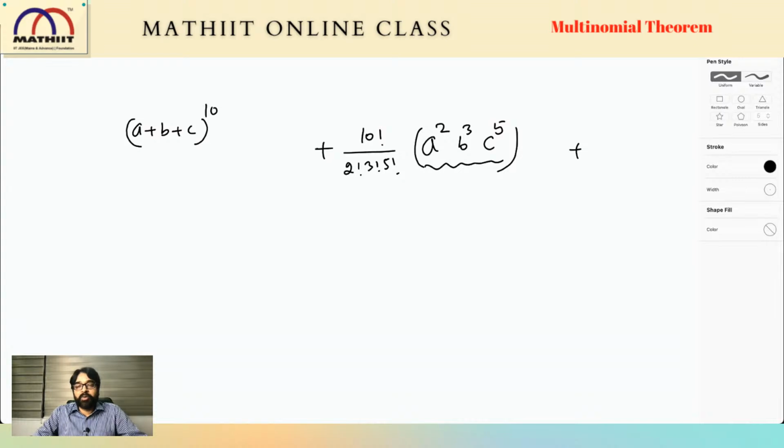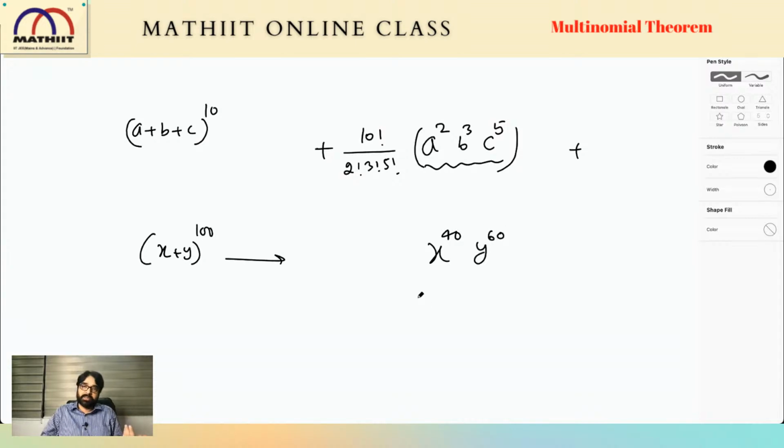If you want to know the coefficient, it's a very simple way: the way to distribute. Now imagine, suppose I want to expand (x + y)^100. Is there any term which will contain x power 40, y power 60?